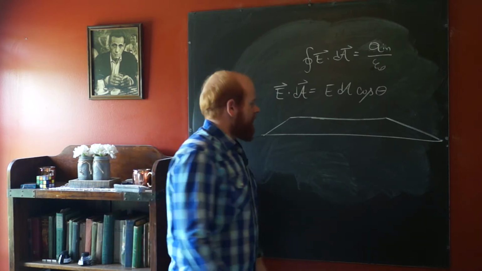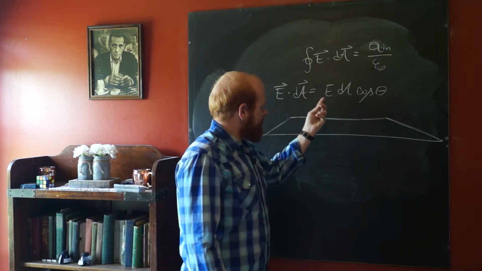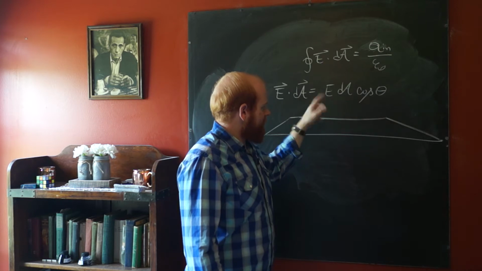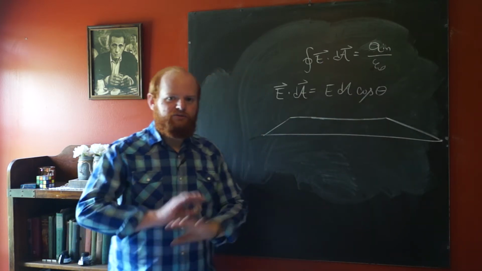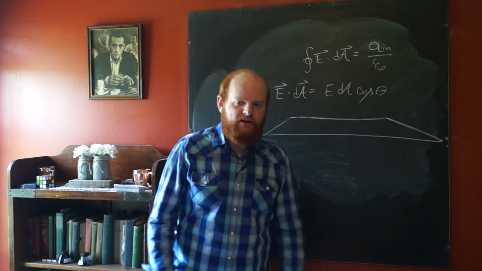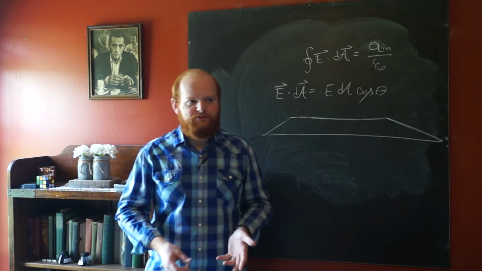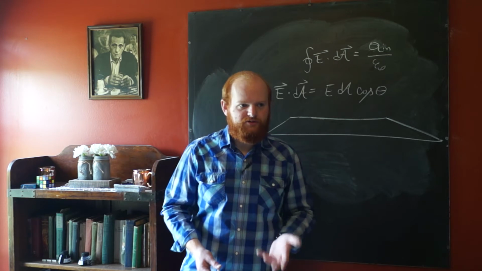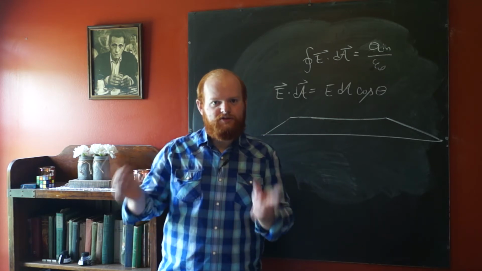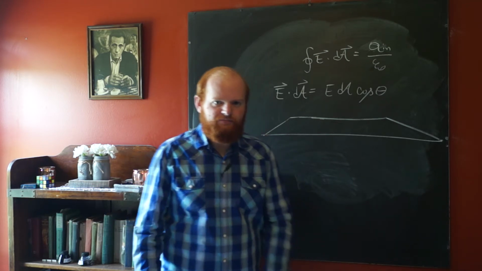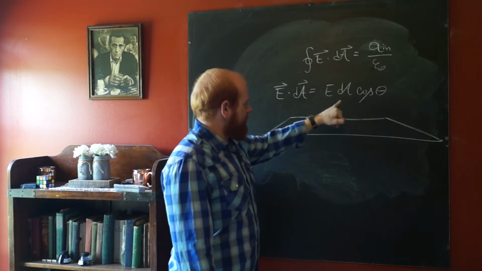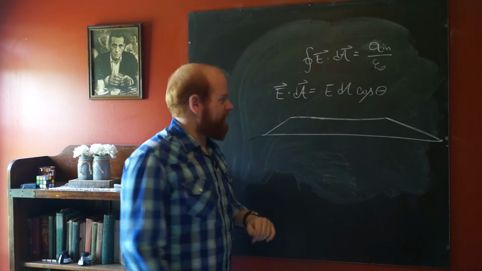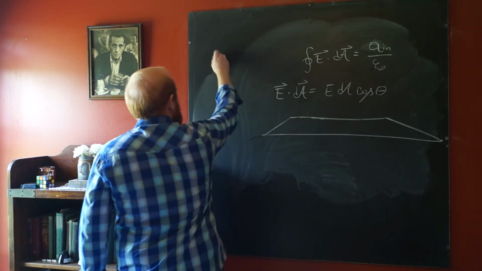So we have to think about the angular dependence of the electric field and also how to integrate this cosine theta term. And we don't want to do any of that. We don't want to do double integrals. Remember, the entire purpose of introducing Gauss's law for finding electric fields in the first place was so that we didn't have to do these crazy multiple integrals to find electric fields for charge distributions. So we want to be clever and find a way that the cosine theta term goes away. I'm going to write this over here.